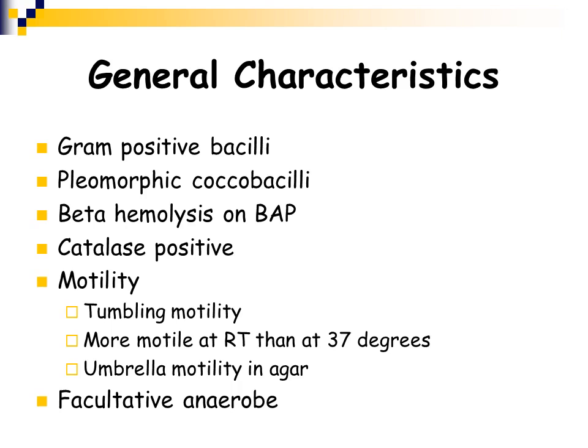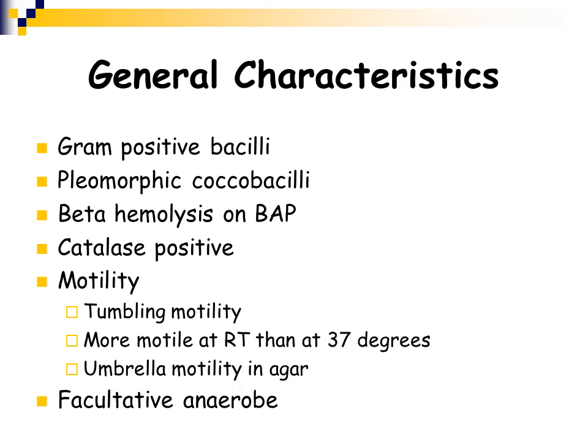Another characteristic about Listeria, and this is key, this absolutely has to be embedded in your memory. Listeria monocytogenes demonstrates umbrella motility in agar motility media. That is a key diagnostic characteristic for Listeria.